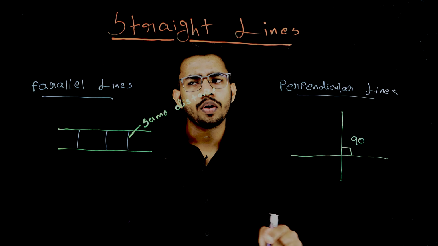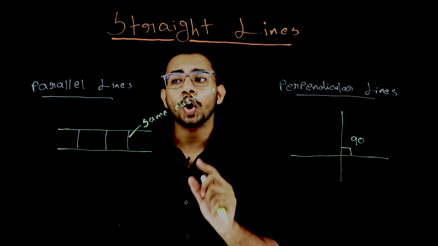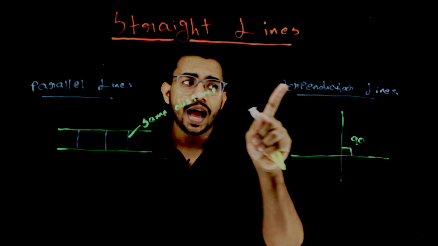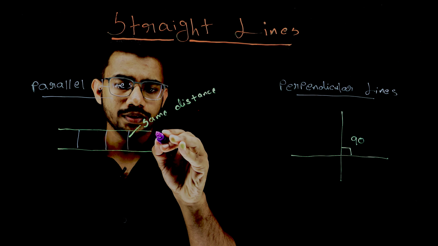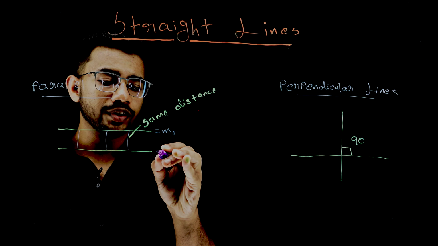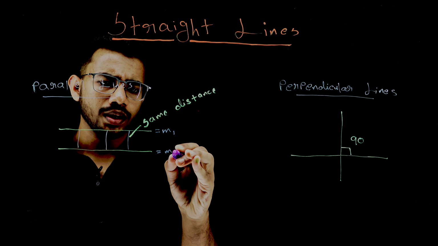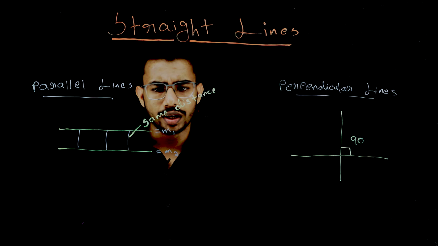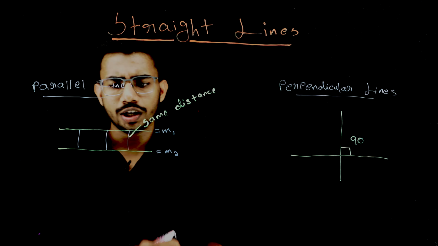Now, there is a small relation between the slopes of parallel lines and perpendicular lines. For that, let's consider the first line having a slope of m1 and the second line having a slope of m2. Let's say I have one more line, which is also parallel to the other two, with slope m3.